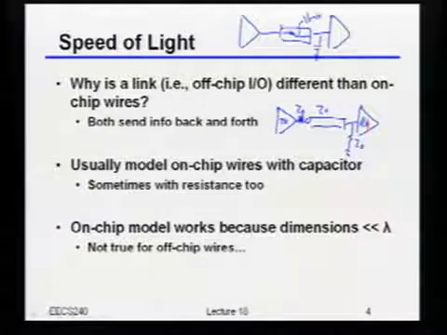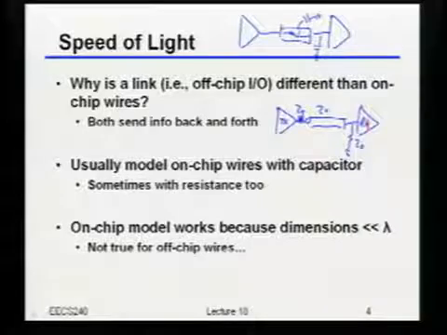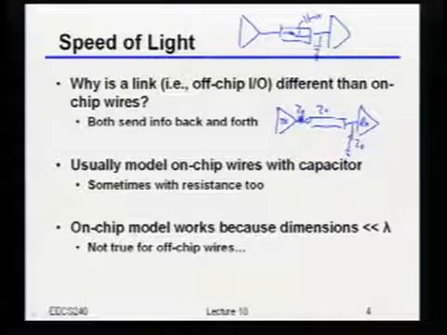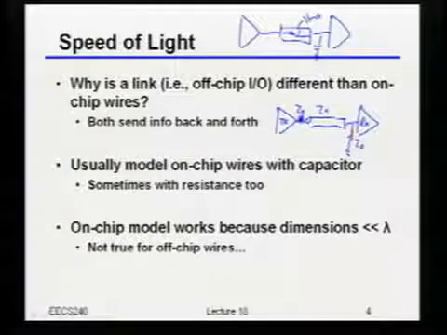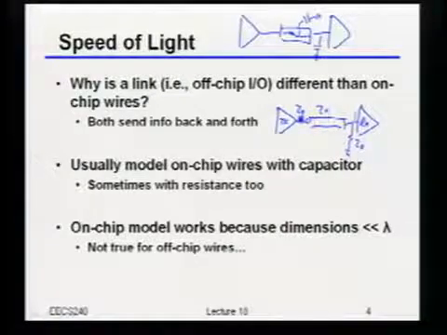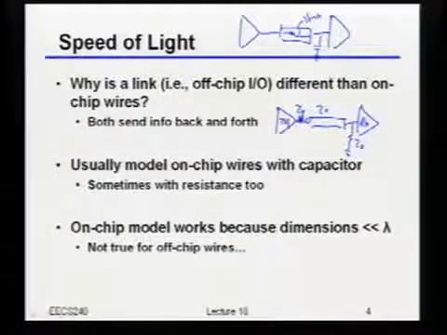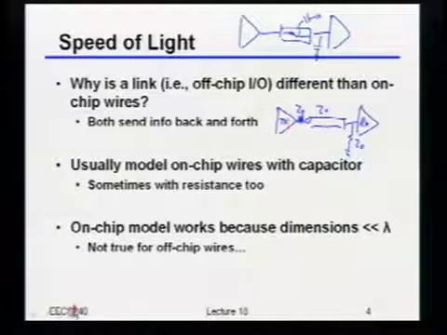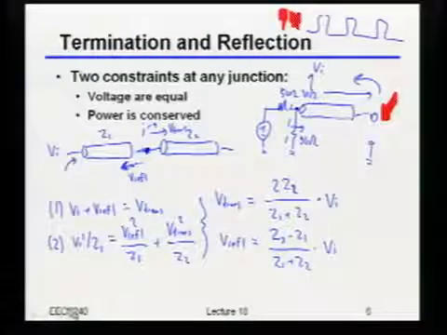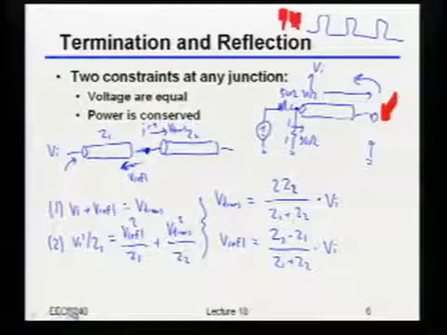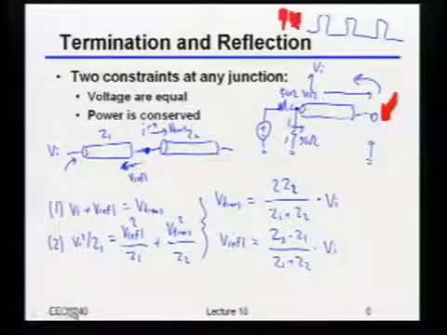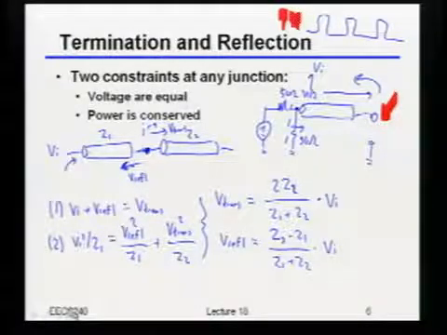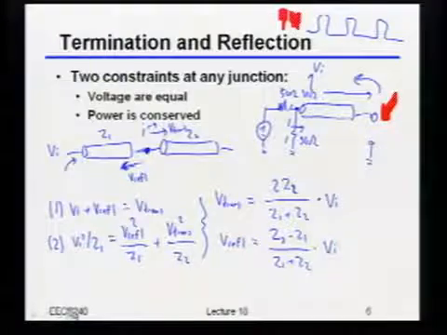Just in case you don't remember, unterminated or improperly terminated transmission lines are one of these so-called bounce diagram problems, where you have to keep track of what happened to the energy as it bounces off each of these junctions. So bottom line, in all of the high-speed links we're going to be talking about, you should be using terminated systems. In other words, keep everything as close to the characteristic impedance of those lines as you can, just to make sure you don't run into these kinds of problems, okay?